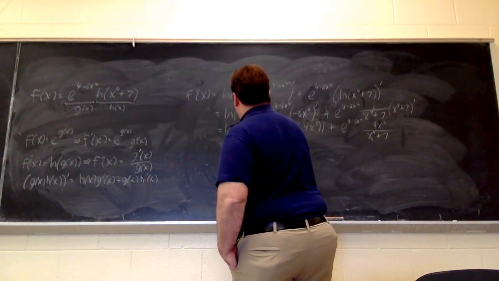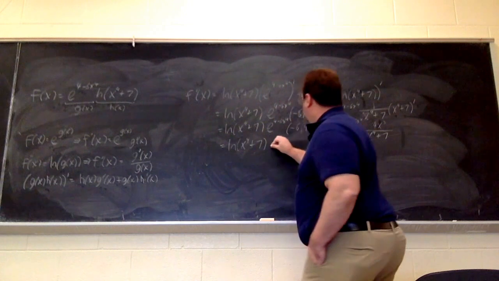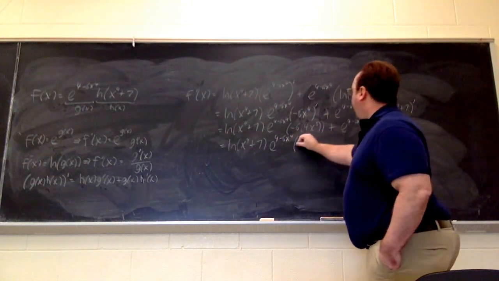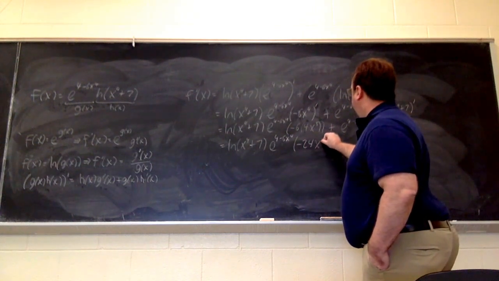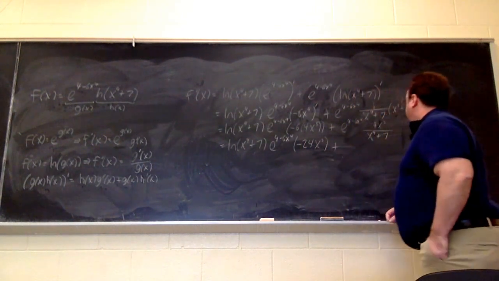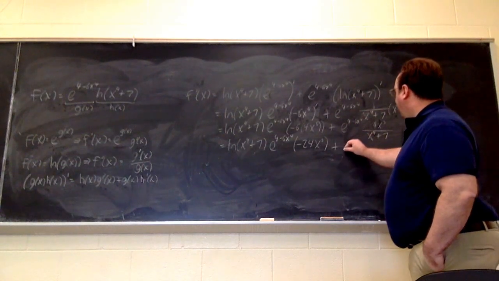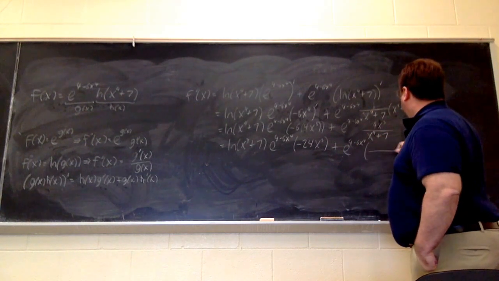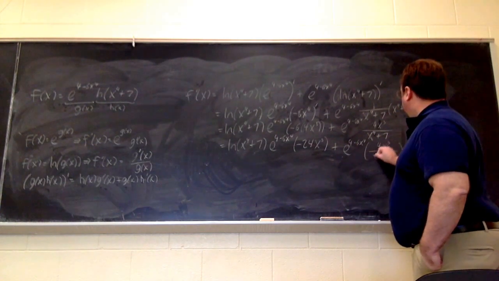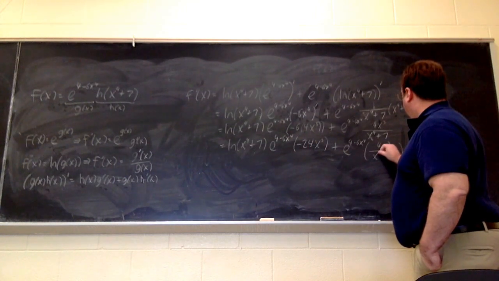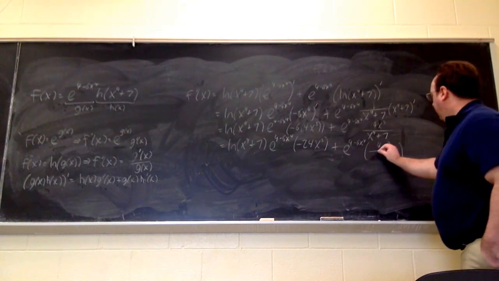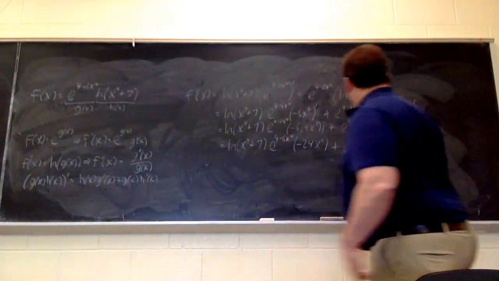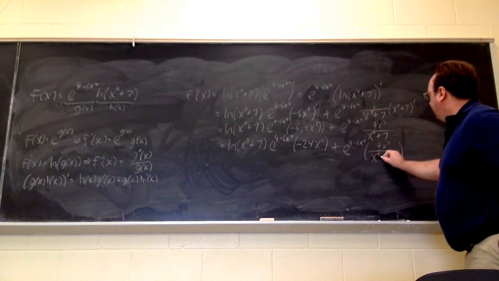So natural log of x to the 4th plus 7 times e to the 4 minus 6x to the 4th times minus 24x cubed, and then for my second term I have e to the 4 minus 6x to the 4th times 4x cubed over x to the 4th plus 7.